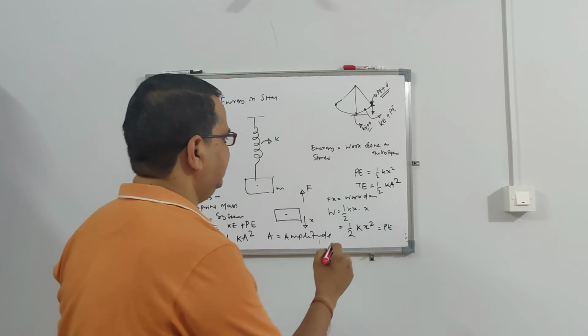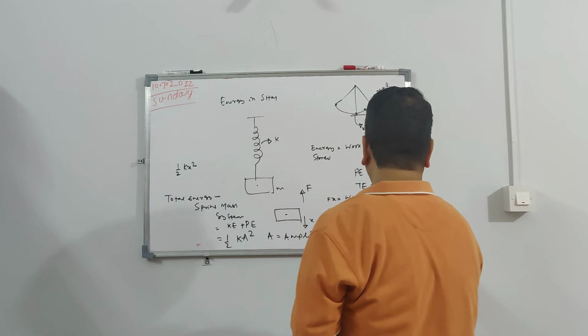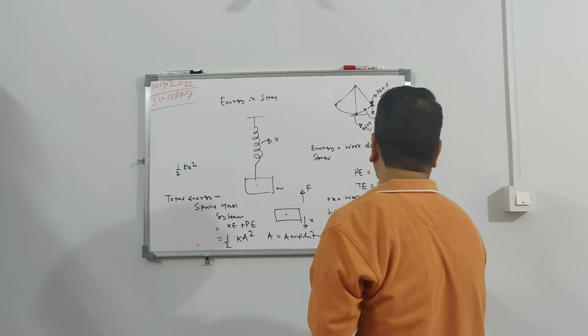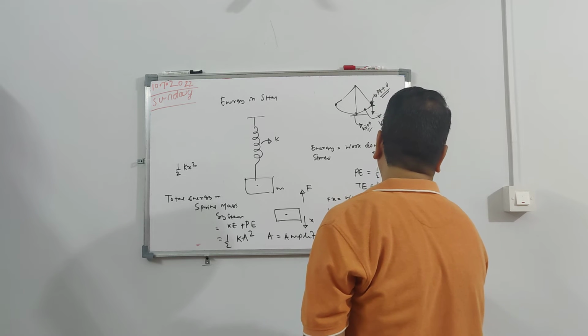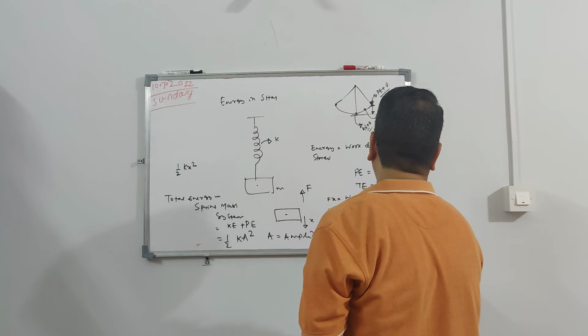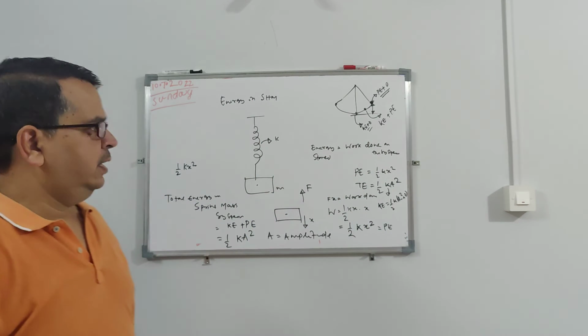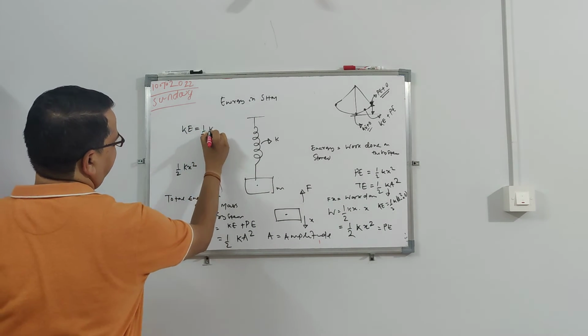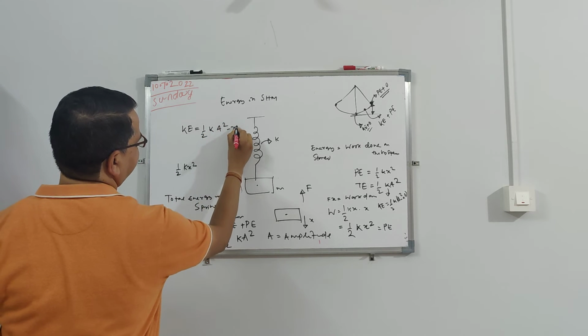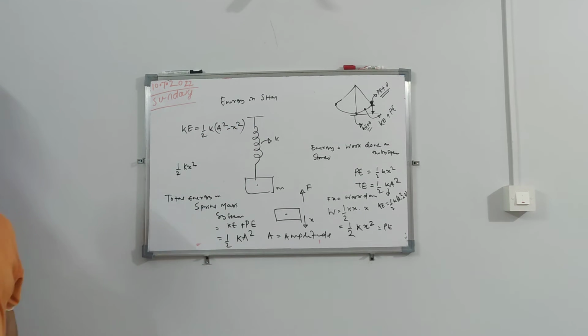That means at any instant, your kinetic energy is equal to half k times A square minus x square. So this is your kinetic energy.